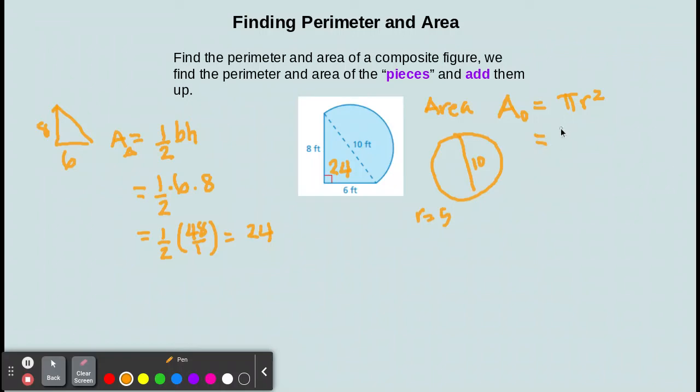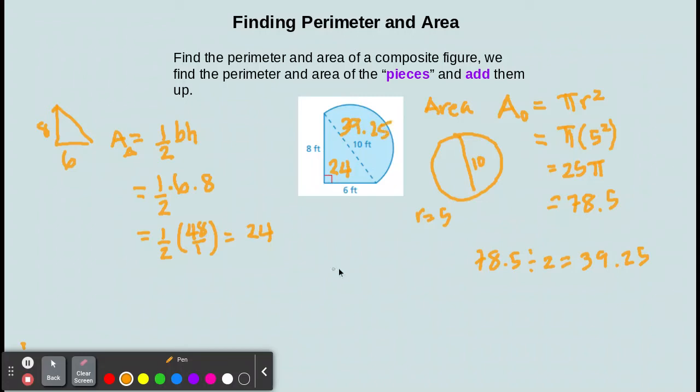So the area of the circle is pi times 5 squared, which equals 25 times pi, which is 78.5. But that's the area of the whole circle. For only the semicircle, we need to divide that by 2. So 78.5 divided by 2 equals 39.25.